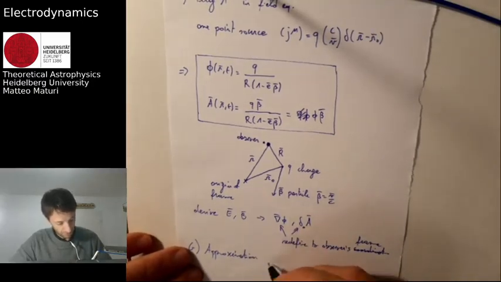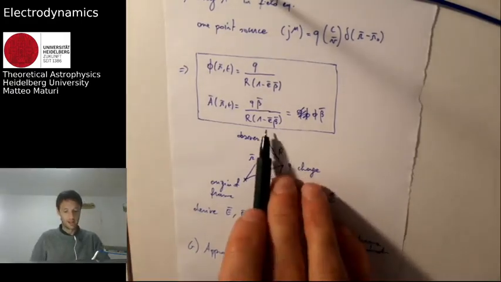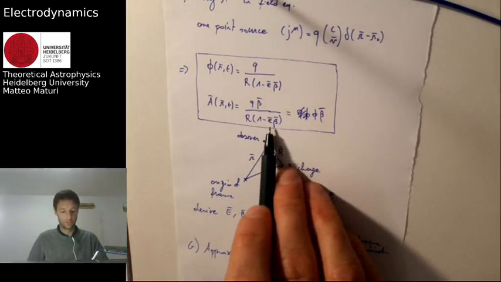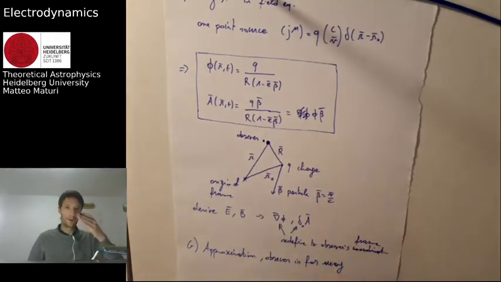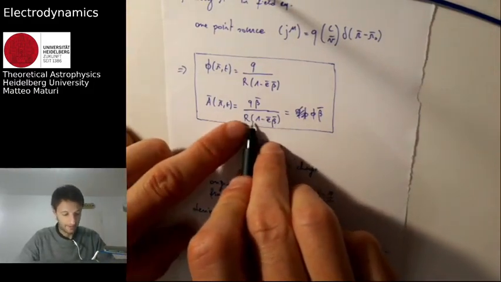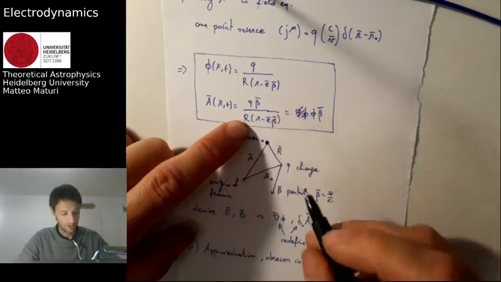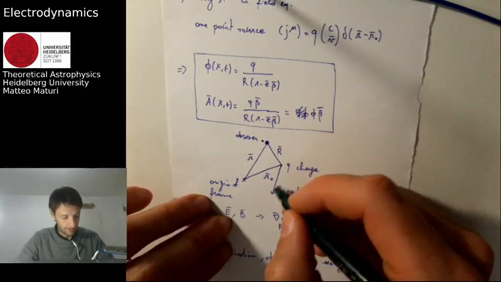Approximation: observer is far away. In this way, we can simplify the derivation, because we can drop all the terms that drop faster than r to the minus 1. So you see we have an R, and we have an R minus R times this scalar product between e and beta.